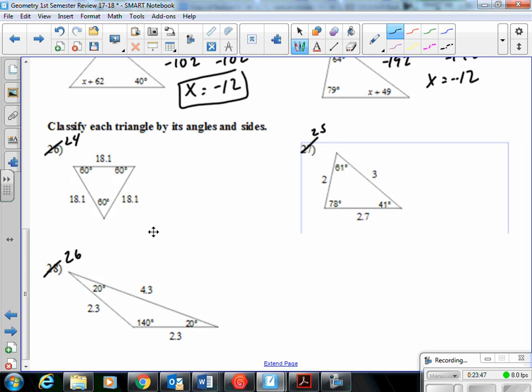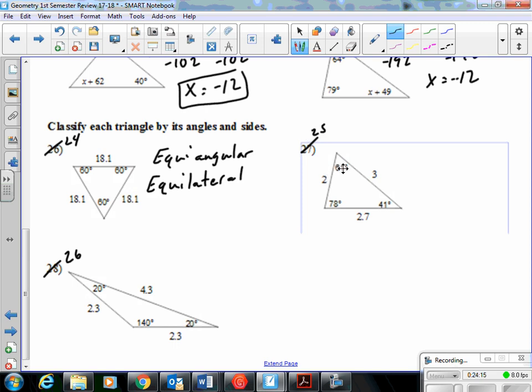All three angles are the exact same. So that's equiangular. And then if we look at the sides, 18.1, 18.1, 18.1, all three sides are exactly the same. So that is equilateral.